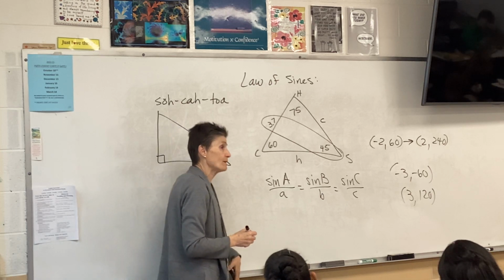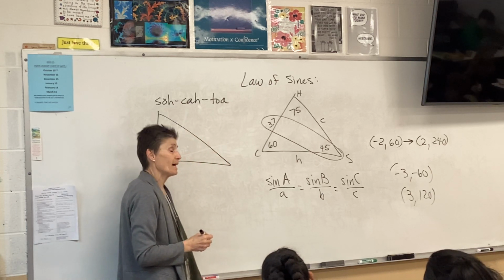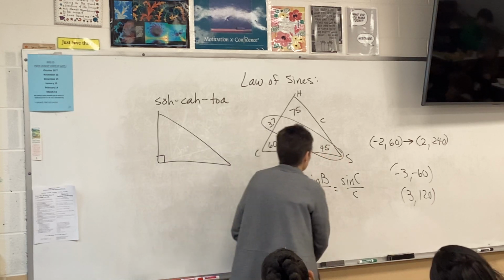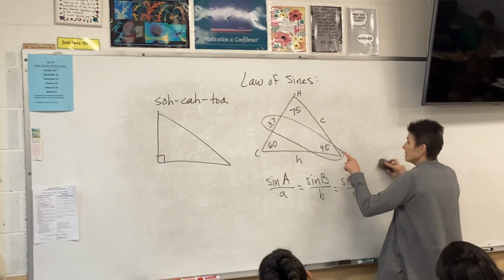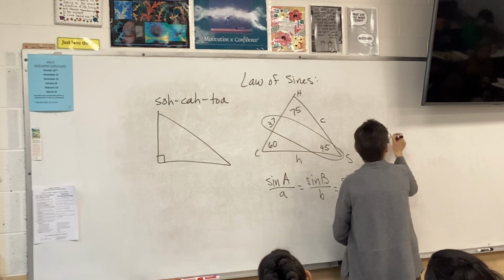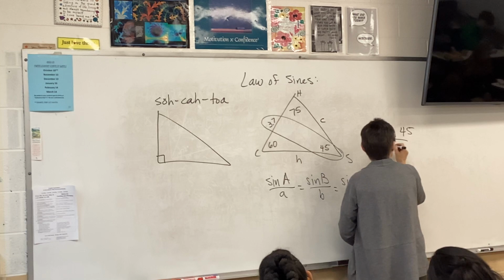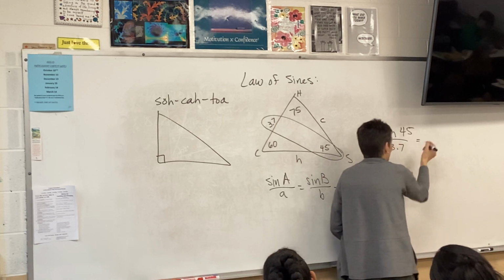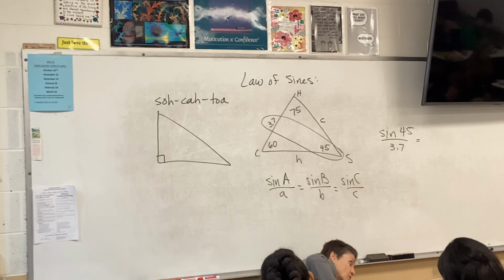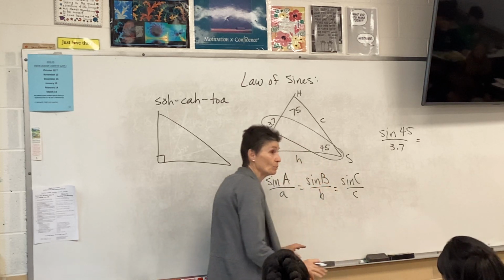Obviously, my letters are different, but the idea is the same. So start with your pair. Your pair is sine 45 over 3.7. Now, set that equal to something. It doesn't matter which one, because you're going to have to do both.